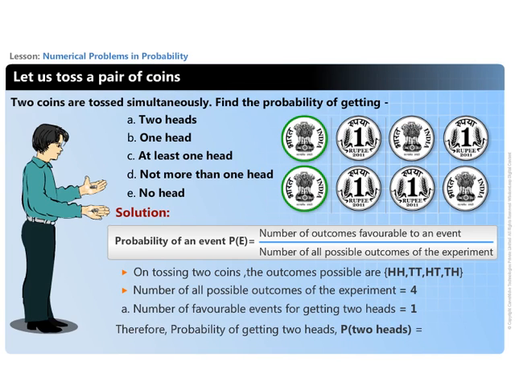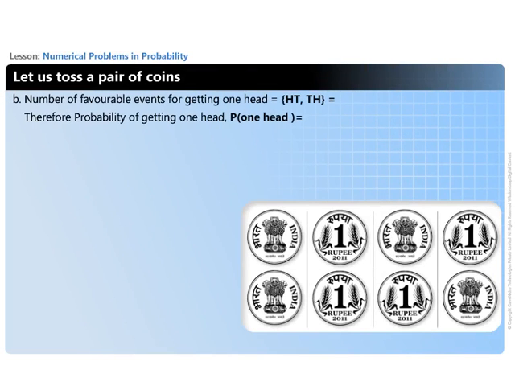Therefore, the probability of getting 2 heads, P(2 head), is equal to 1 by 4. The number of favorable events for getting 1 head, that is HT, TH, is equal to 2. Therefore, the probability of getting 1 head, P(1 head), is equal to 2 by 4, which is equal to half.